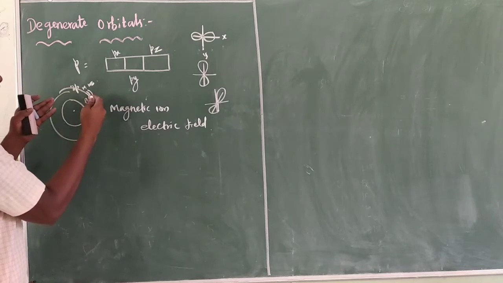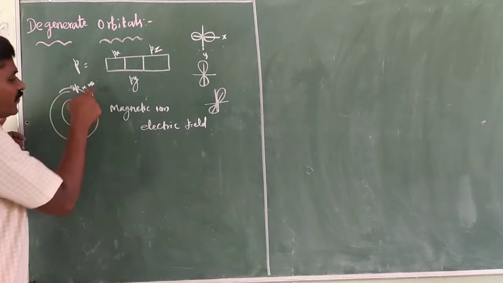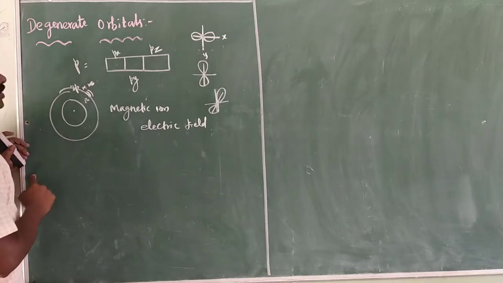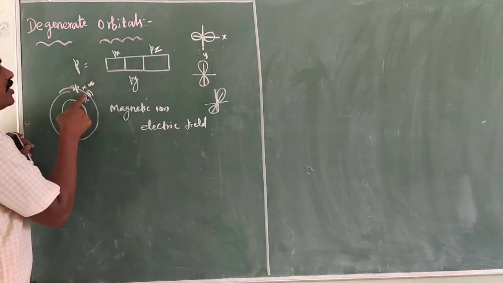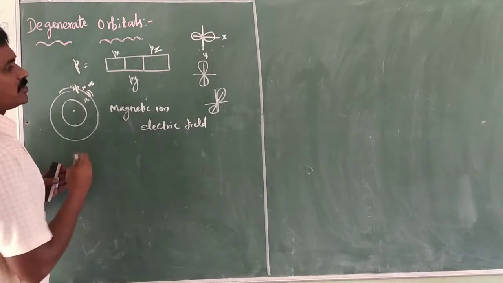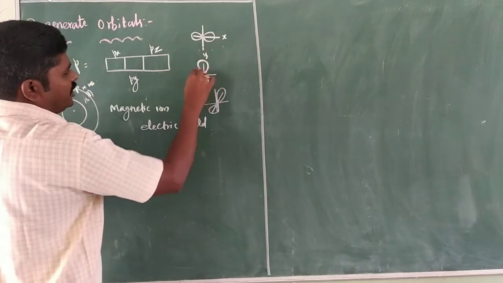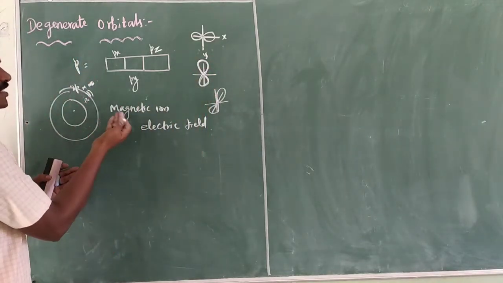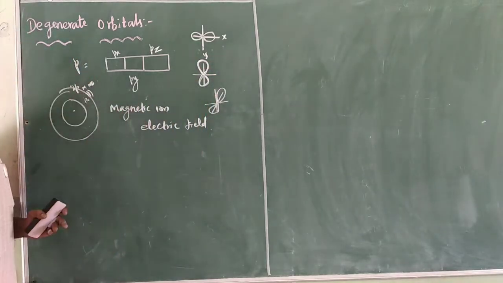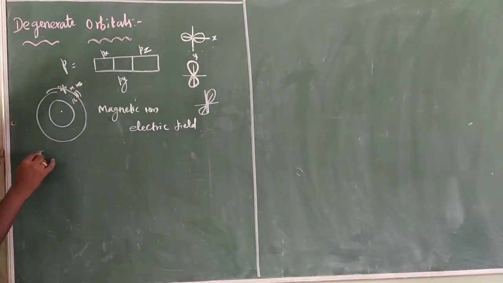The degeneracy is lost and an energy difference occurs. So the equal energy is lost in the presence of a magnetic or electric field. Okay, students, the next one is effective nuclear charge.